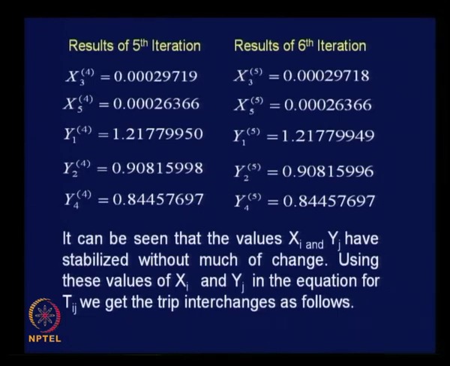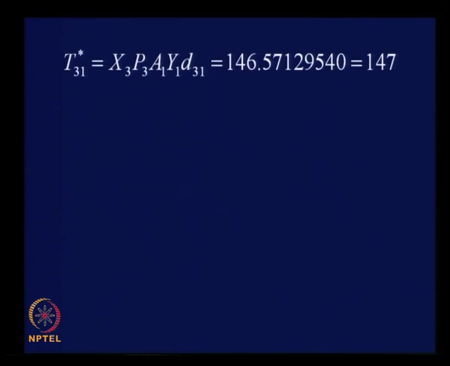Now only we go back to equation 1 for Tij, substitute the values of xi and yj because we have the values here, right, and then we have assumed alpha value to be unity, that remains, okay, and substitute those values and get the result of Tij, okay, T31, 32, 34, whatever exchanges are there we can get, and I am giving you directly the calculation details as well as the result. So, T31 is going to be x3 p3 a1 y1 d31 and the values are known.